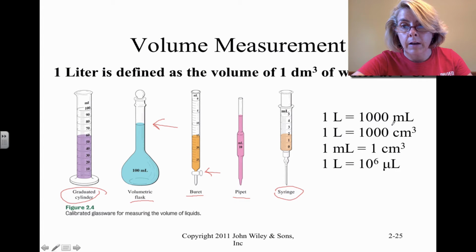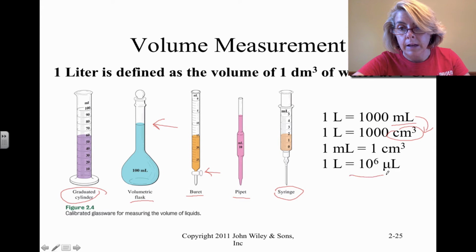Now, hopefully you remember that 1,000 milliliters equals 1 liter. By the end of this course, you'll know exactly that. Notice that cubic centimeter can replace milliliter. So in order to determine volume, we actually can look at the length of a container and then cube it and essentially get the volume.